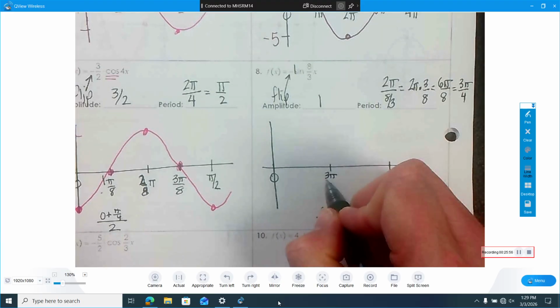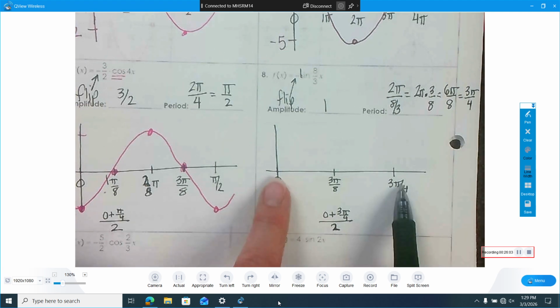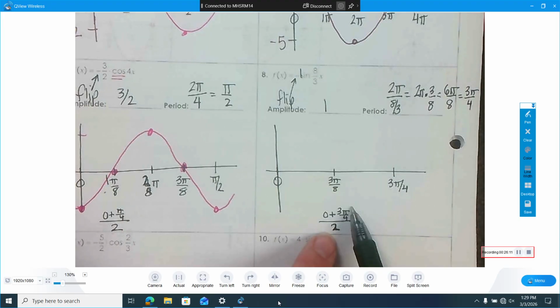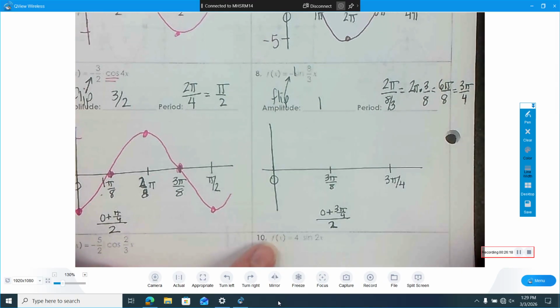So again, copy this down. This is how I'm figuring this out. We're adding together and dividing by 2. This is a midpoint formula is all it is. That average. Adding them up and dividing by 2. This is 3 pi over 4 divided by 2. That becomes 3 pi over 8, or multiply by a half, if you will.